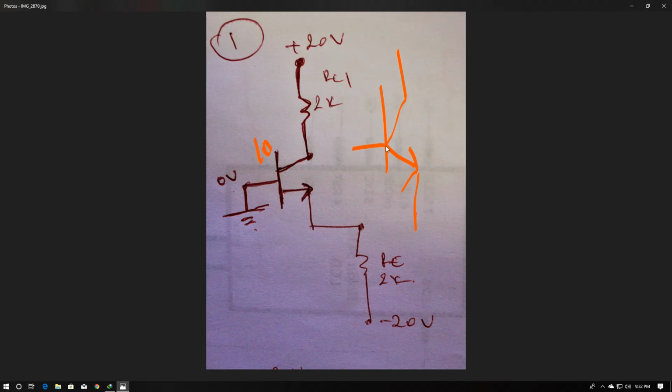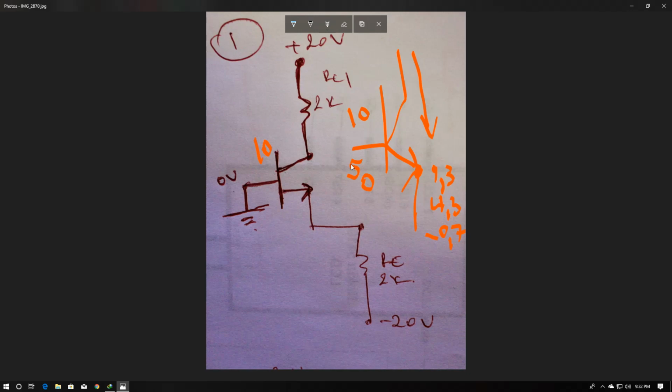Okay, so if I have 10 volts here, here should have 9.3. If I have 5 volts here, I should have 4.3. If I have 0 volts on the base, I should have minus 0.7 on the emitter for this transistor to conduct like this, and the current also goes like this.